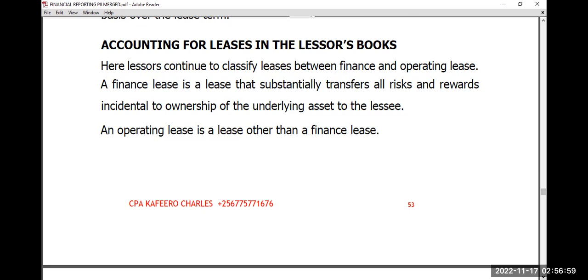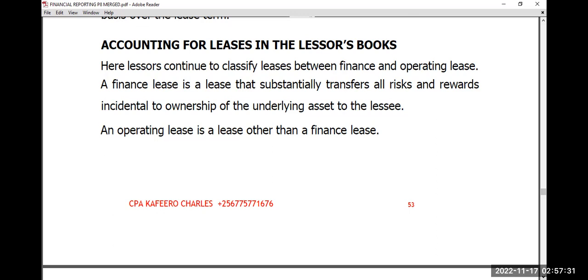And we said a finance lease is a lease that substantially transfers all the risks and rewards incidental to the ownership of the underlying asset to the lessee. When they are talking about these risks and rewards, mainly if a person is acquiring a given asset, there are some risks that are associated.